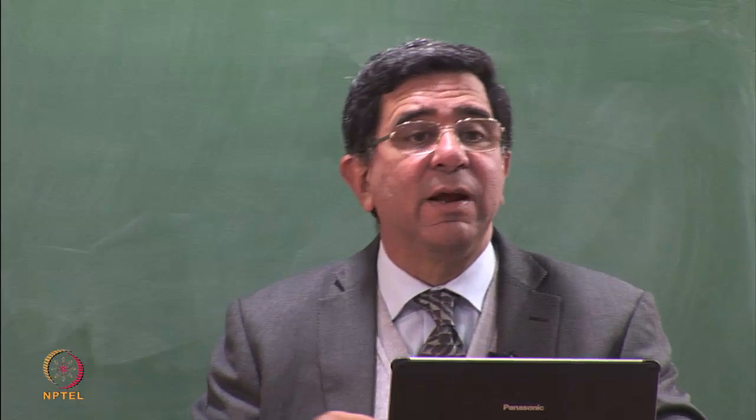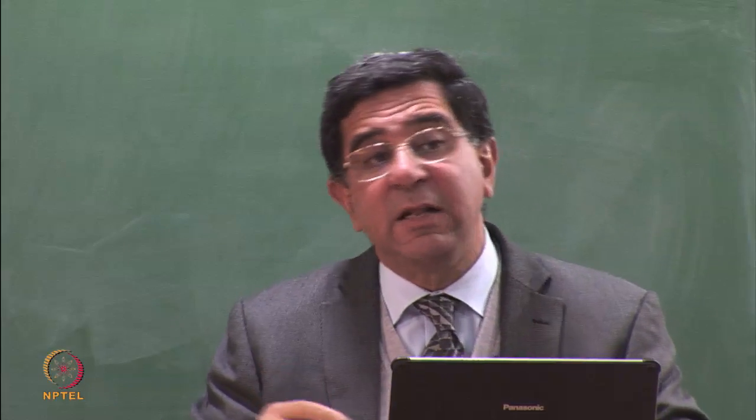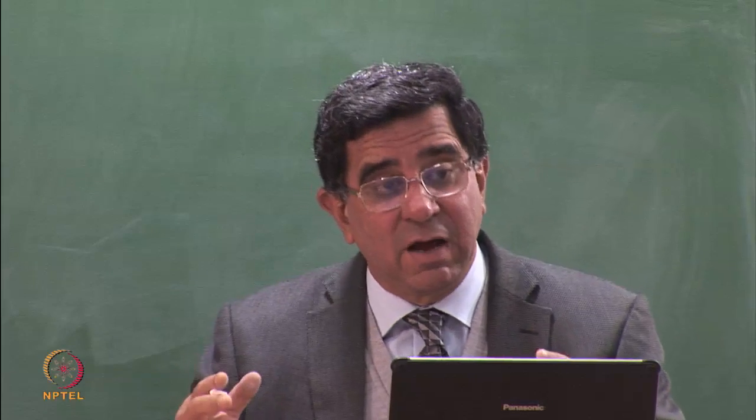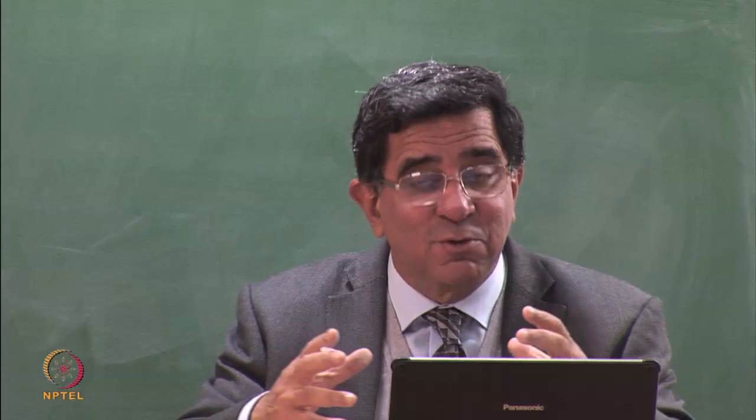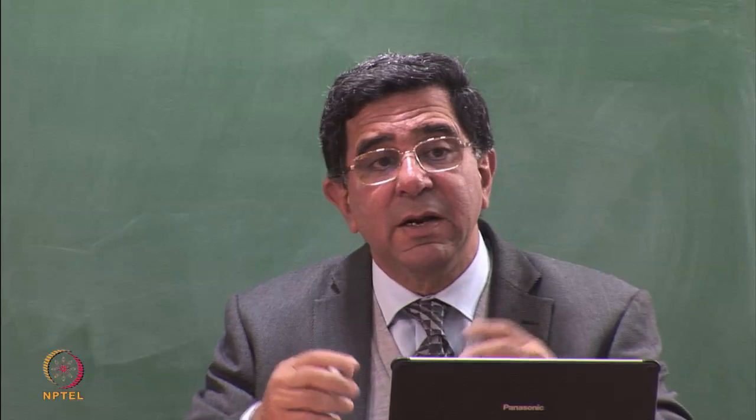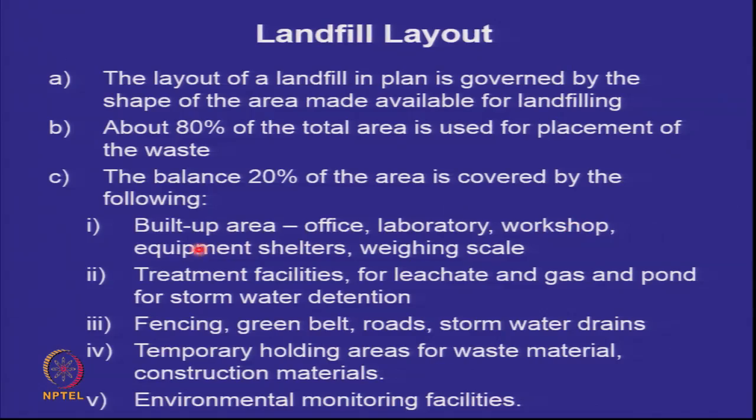If you are going to make a composting plant in that area, if you are going to make a waste to energy or a RDF plant, then they will be taking up much larger space, and this area which is being used for storage of the waste will be decreasing with time. In any case, you will have offices, laboratory, workshops, you will have treatment facilities, you will have fencing, green belt, roads, you will have temporary areas for holding the material, and you will have environmental monitoring facilities.